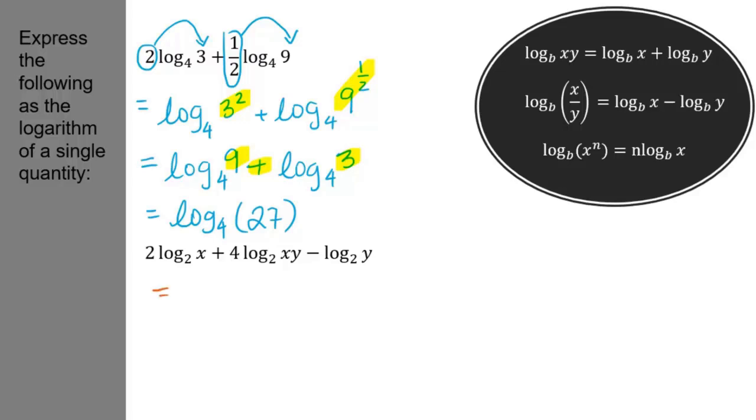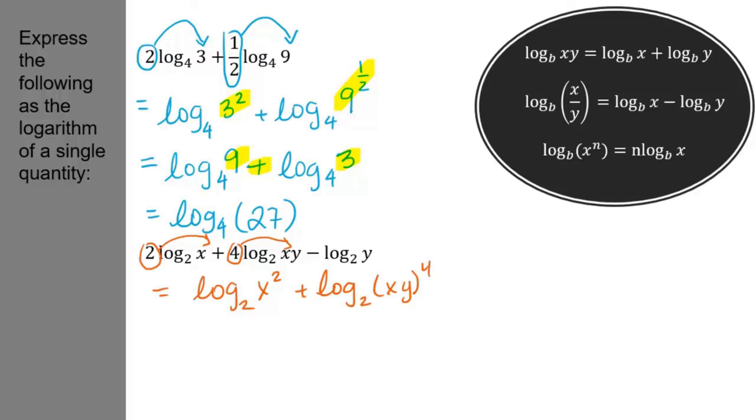For the last question, I'll be able to do some simplification as well, although with these x's and y's, we won't end up with a numeric answer. So first thing is I'll look for those multiples, and I'll write them as powers. So this gives the logarithm of x squared to the base 2 plus the logarithm of xy, both raised to the power of 4.